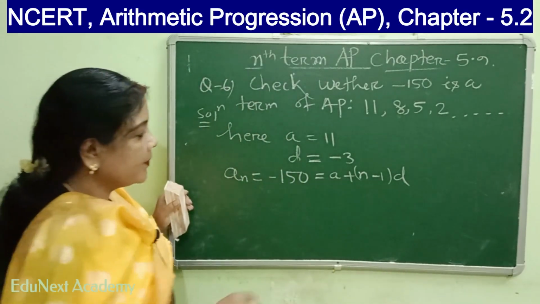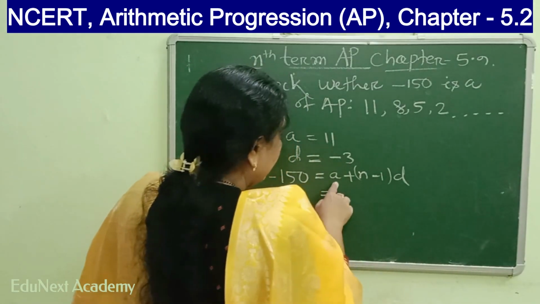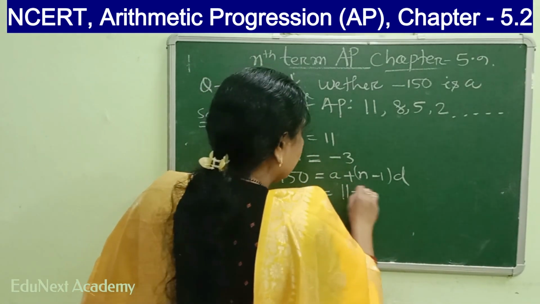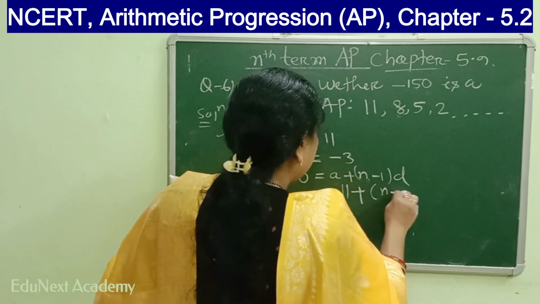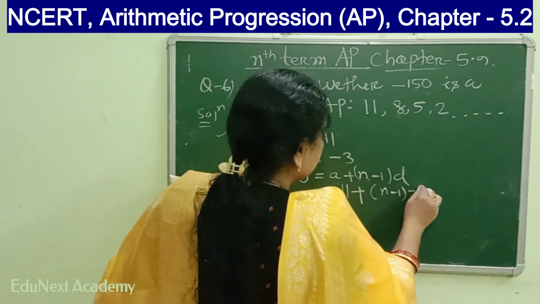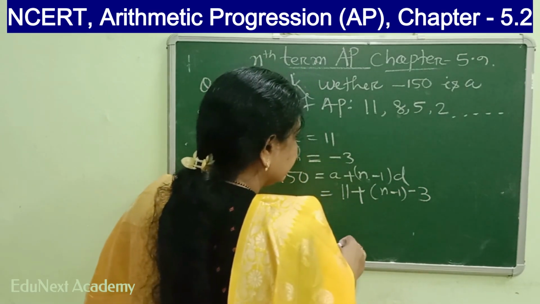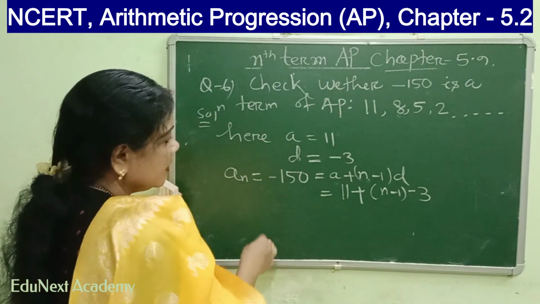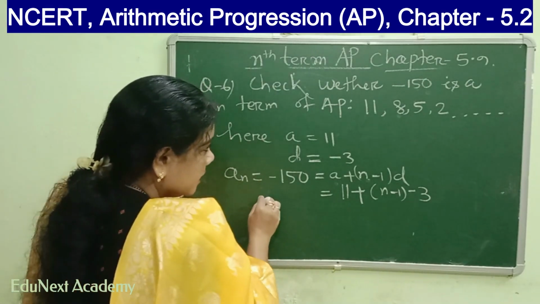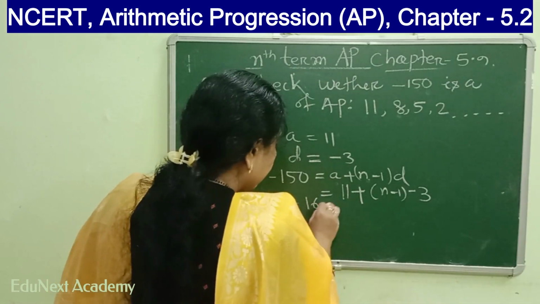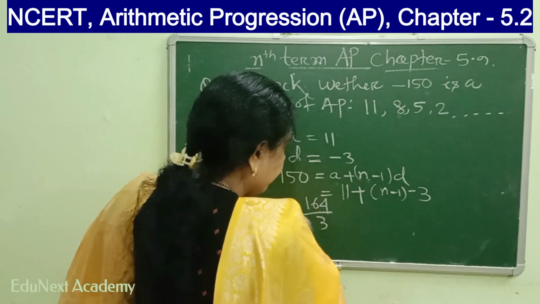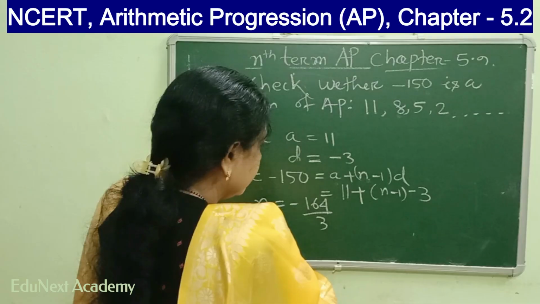This is the formula. So now a is 11 plus (n minus 1) into d, where d is minus 3. Now after solving, this n will come as minus 164 by minus 3.